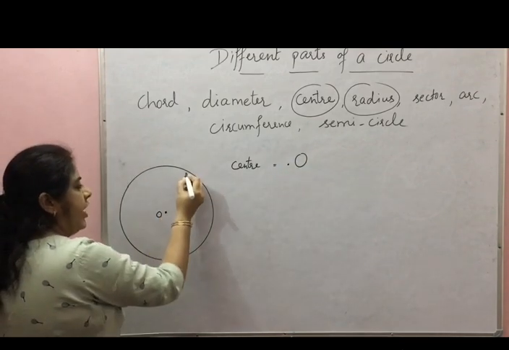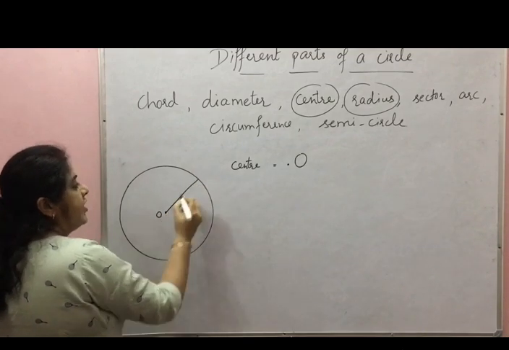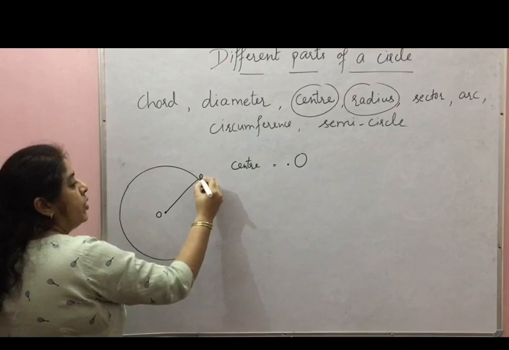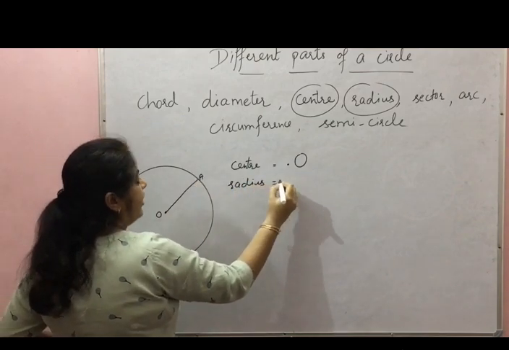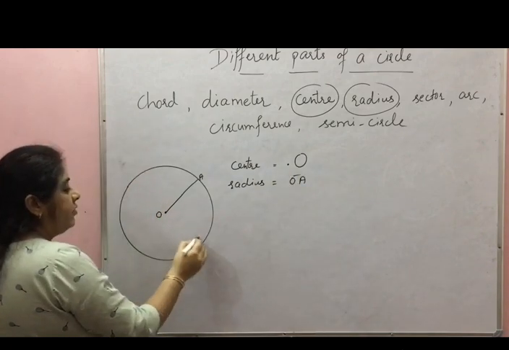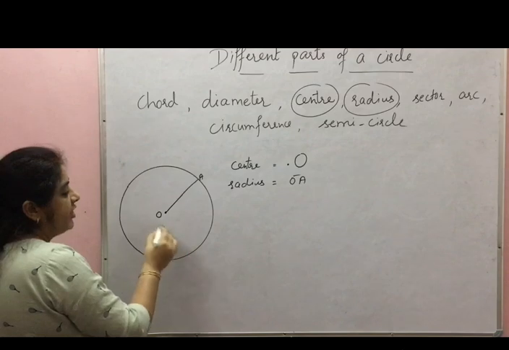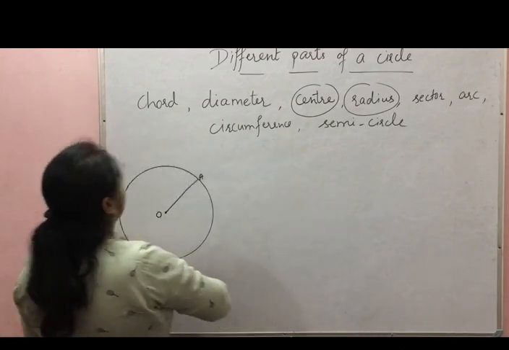The fixed distance from the center to any point on a circle is called the radius. So this is radius OA. How many radii do we have? Infinite radii.